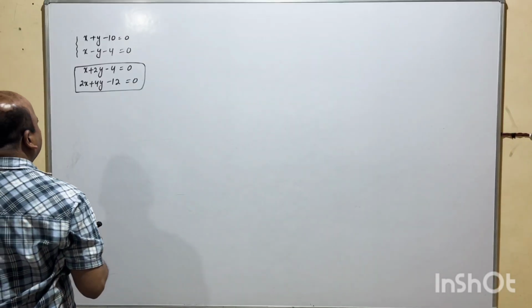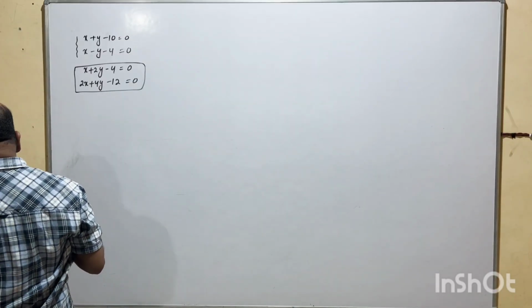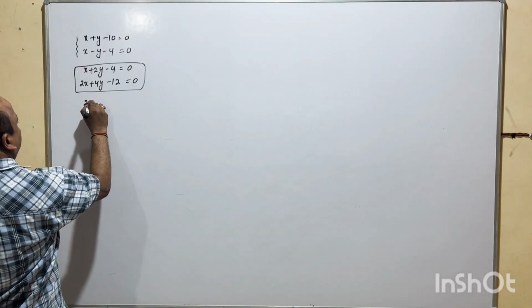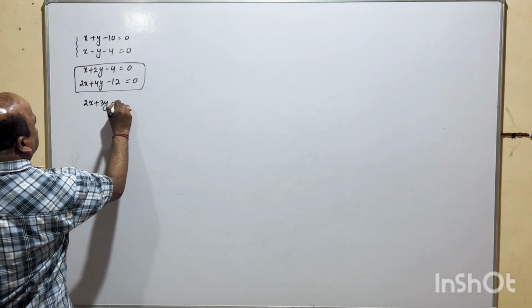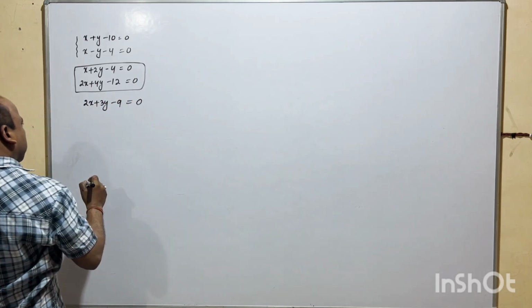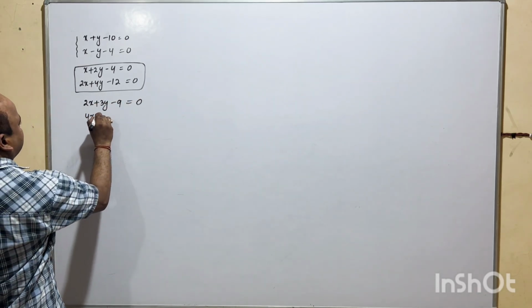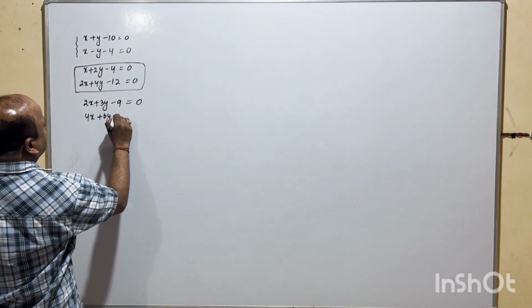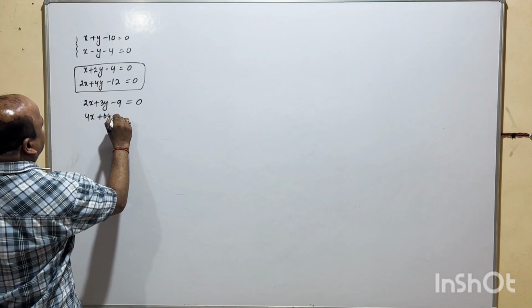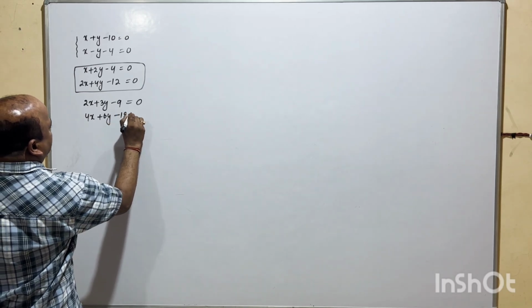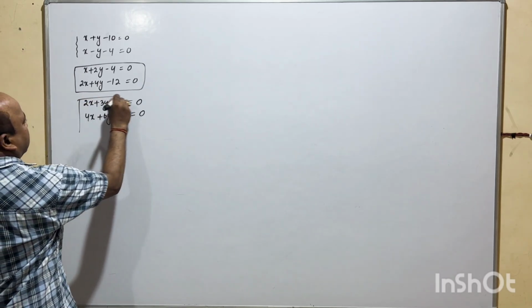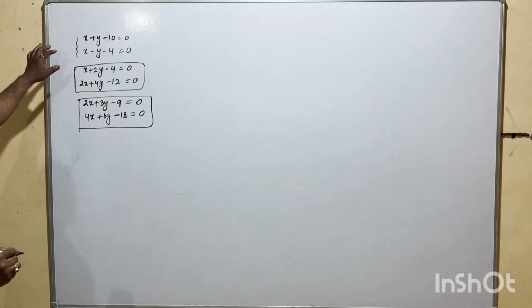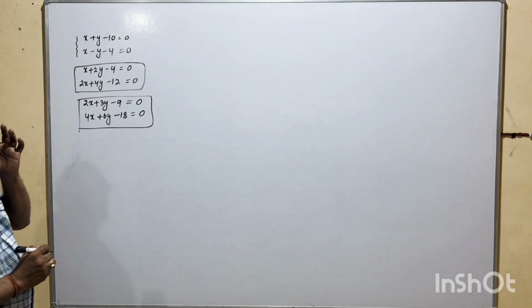And the third pair of linear equations in two variables is 2x plus 3y minus 9 equal to 0, then 4x plus 6y minus 18 equal to 0. So here are three pairs of linear equations in two variables.